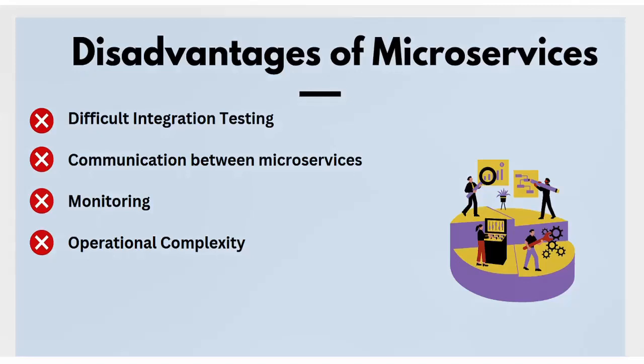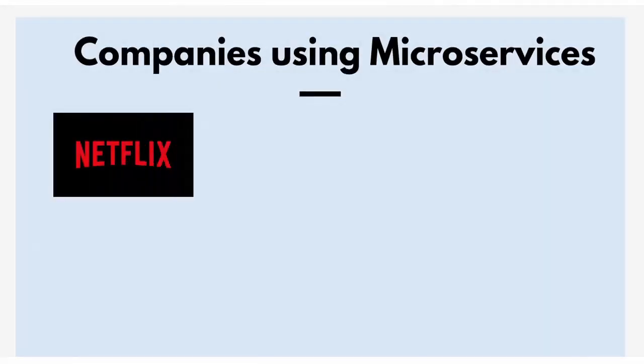The problem of operational complexity may be partially solved by the implementation of new configuration management tools like Docker, which I'll discuss in another video. Moreover, a lot of tools have already been developed to support microservices. Many global giants have moved their software to the cloud and adopted a modern microservices architecture.